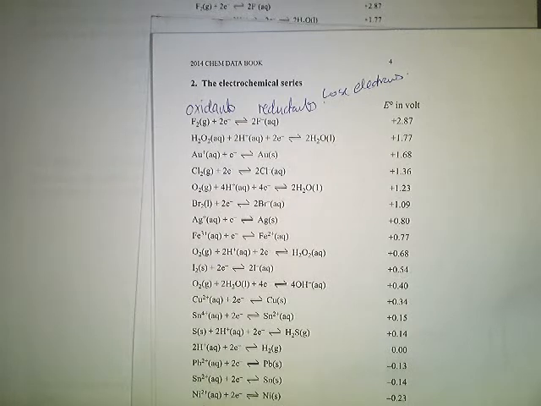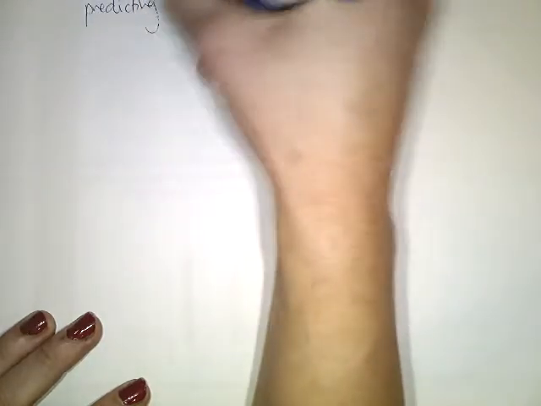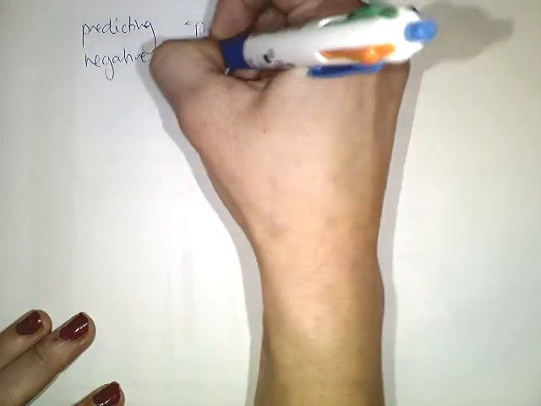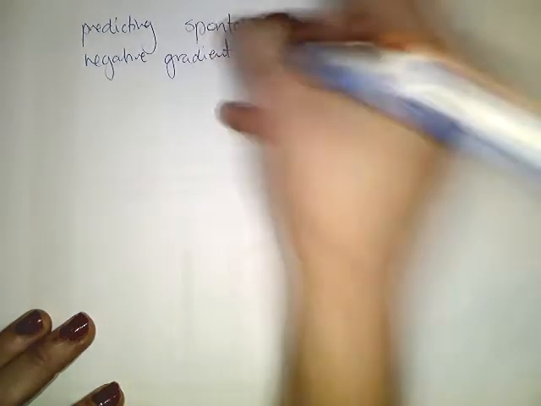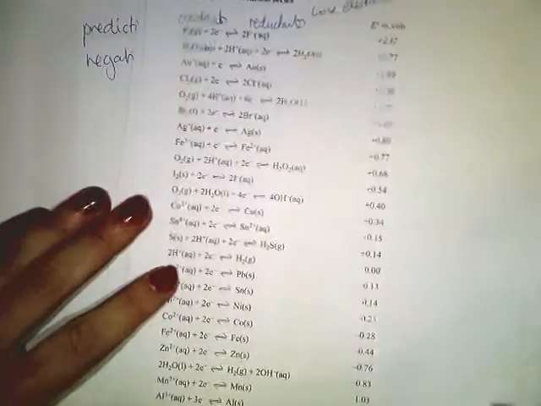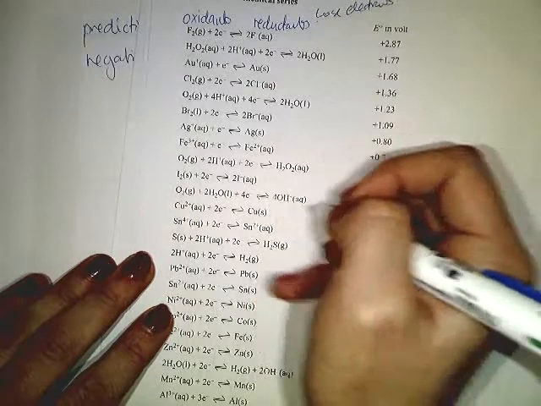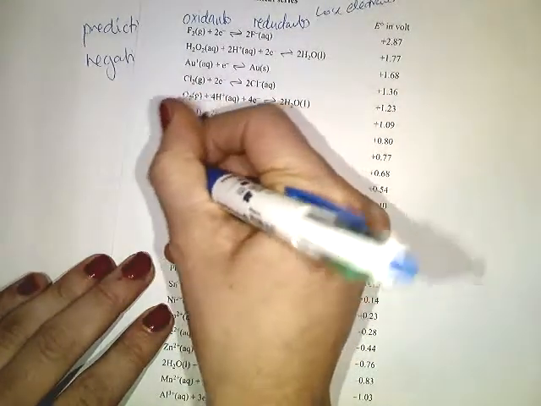Okay, so predicting spontaneous reactions. Most of you know the whole negative gradient, or Z, and that's a good way to look at it. For example, let's go with iodine.